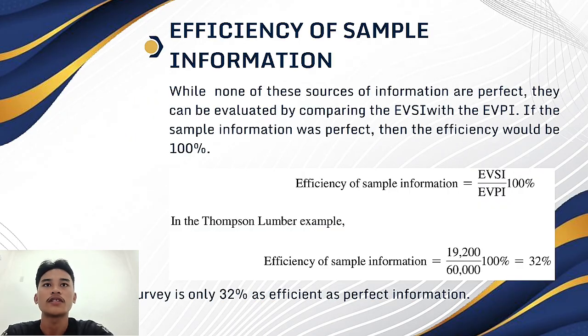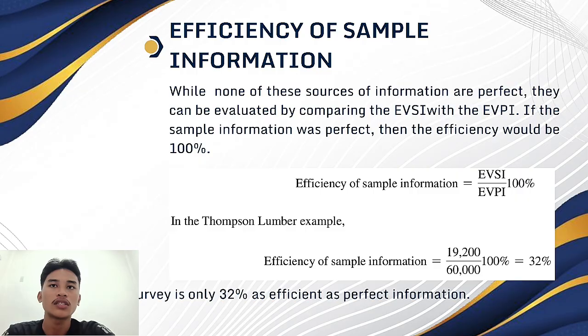So next, the efficiency of sample information. While none of these sources of information are perfect, we can evaluate them by comparing the EVSI with the EVPI. If the sample information was perfect, then the efficiency would be 100%.